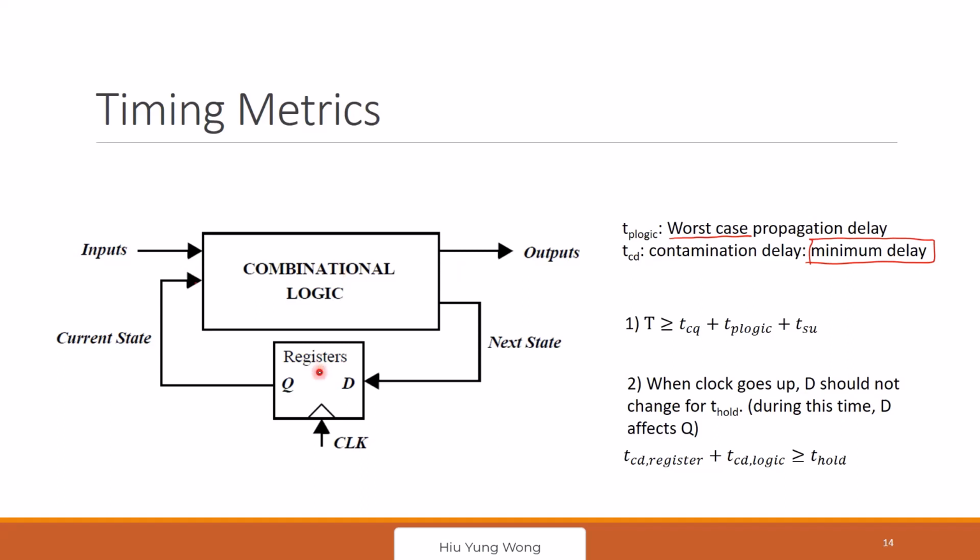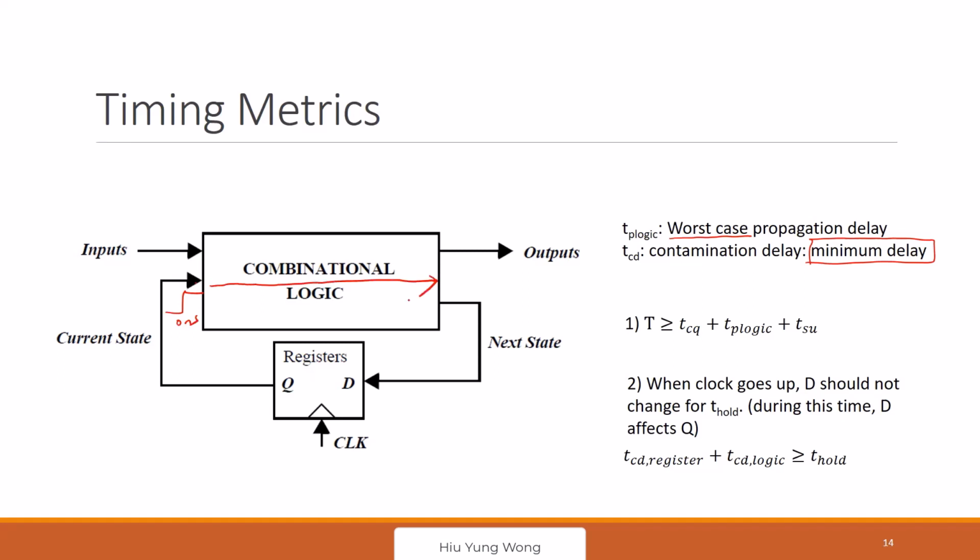So we say that the clock, the input, or the current state comes here, right? Maybe it will start at, let's say, 0 nanoseconds, and then it propagates all the way to here.